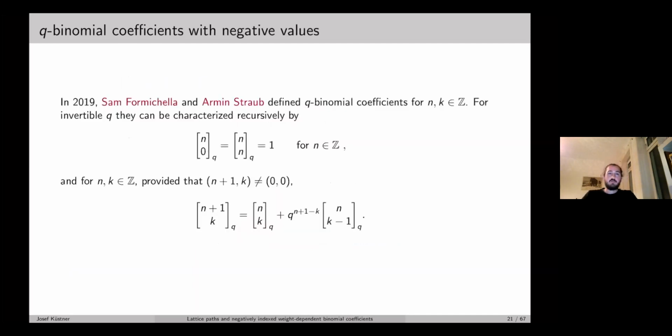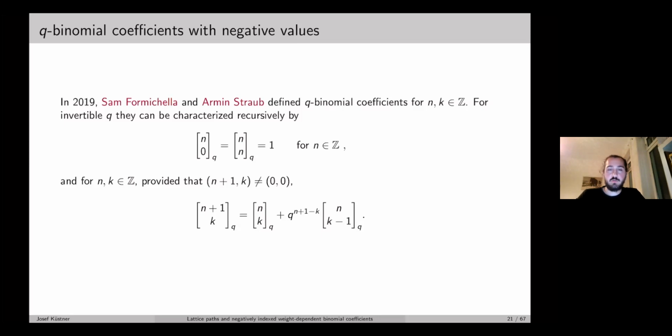And very recently, 2019, Sam Formichella and Armin Straub, they defined these q-binomial coefficients that work now for integers n and k. So q now has to be invertible, and they can be characterized recursively again by this recursive definition that we had already for the binomial coefficients. So n choose 0 and n choose n will again always be 1.